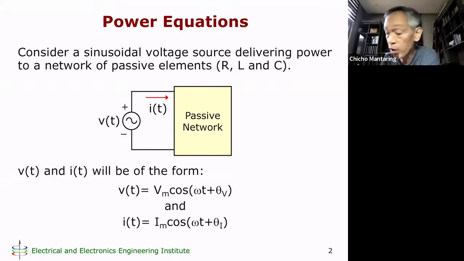If my voltage is of the form v(t) = Vm cos(ωt + θv), where θv is the phase angle of my voltage, that current will be of the form i(t) = Im cos(ωt + θi), the same ω, where θi is the phase angle of my current. So you input a sinusoidal voltage, expect to get a sinusoidal current. In general, your voltage and your current will not be in phase with each other. That's why they have different phase angles.